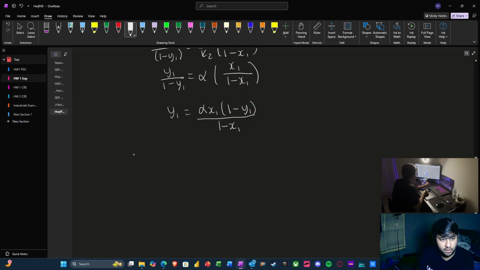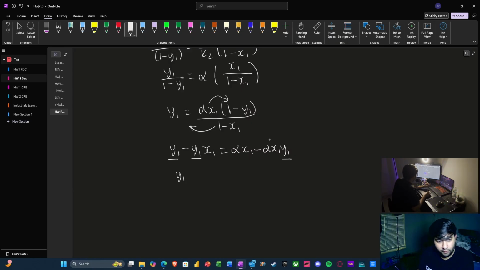So we're going to be left with x1 times 1 minus y1 over 1 minus x1. And then if we work out this equation, we're going to go ahead and multiply this through, and we're going to move this over. So y1 minus y1 times x1 equals alpha x1 minus alpha x1 times y1. And now we want to separate these y1s, and we want to make it y1 equals. So how are we going to do that?